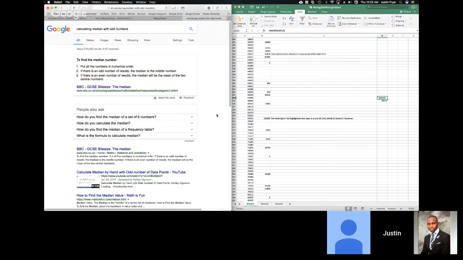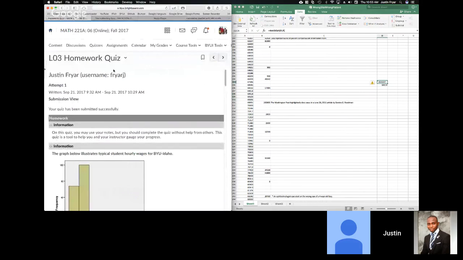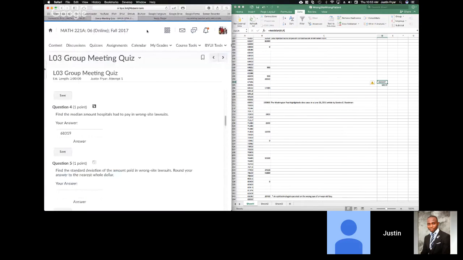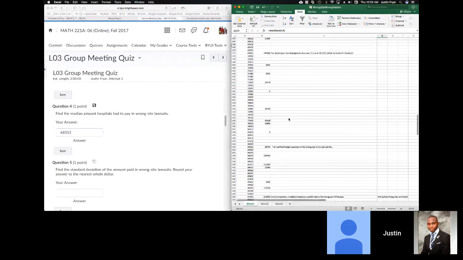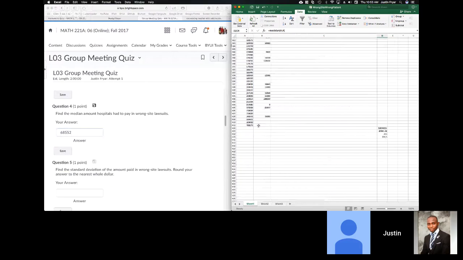Yes. Does that make sense? We do have an odd number of data points, so there should be a middle number. We shouldn't have to average it out.